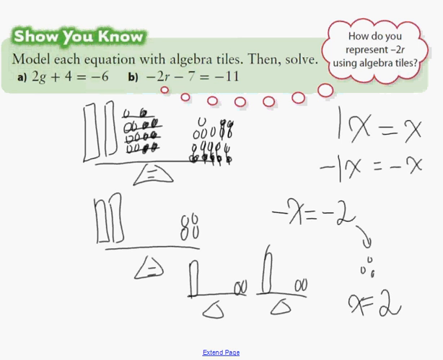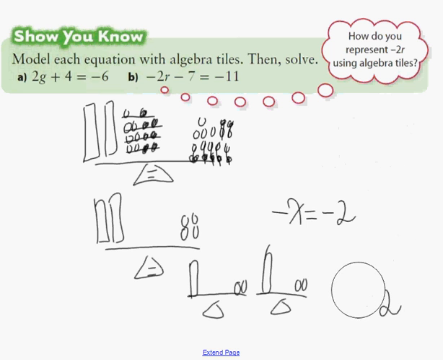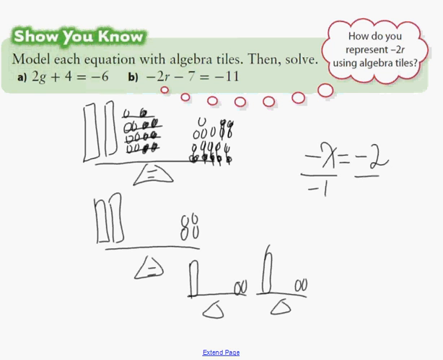A negative x can be thought of as being a -1 coefficient. And therefore, because my solution is -x equals -2, if I really wanted to isolate the variable to get a positive x, I would divide both sides by -1 to get rid of that -1 coefficient. That gives me x equals a positive 2, because a negative divided by a negative is a positive.